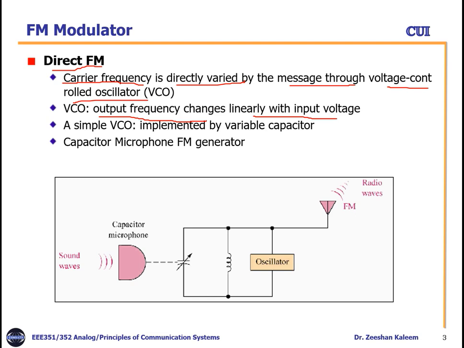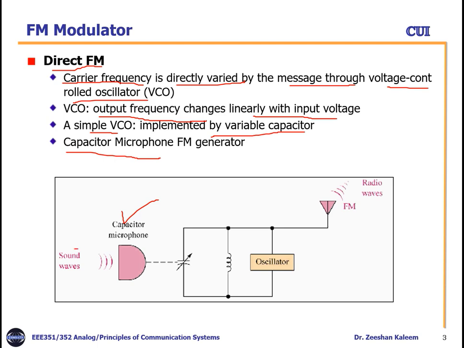To implement the VCO, the simplest way is a variable capacitor. It changes the capacitance of a circuit, and the output frequency will change. For example, the capacitor microphone FM generator has a varying capacitor inside.